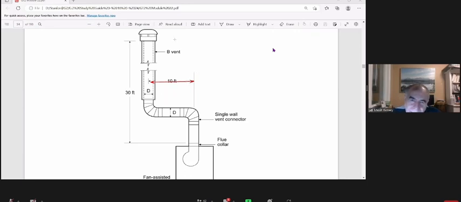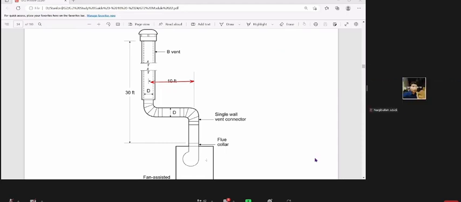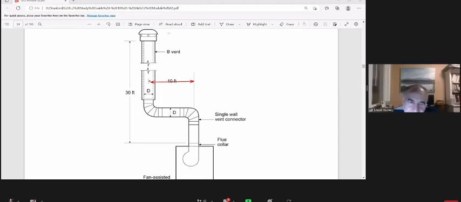Okay, let's please look at it in this drawing. Everybody see that? The height. This is the height. Where is the height? It is between the termination to flue collar. This is the height between termination to flue collar.